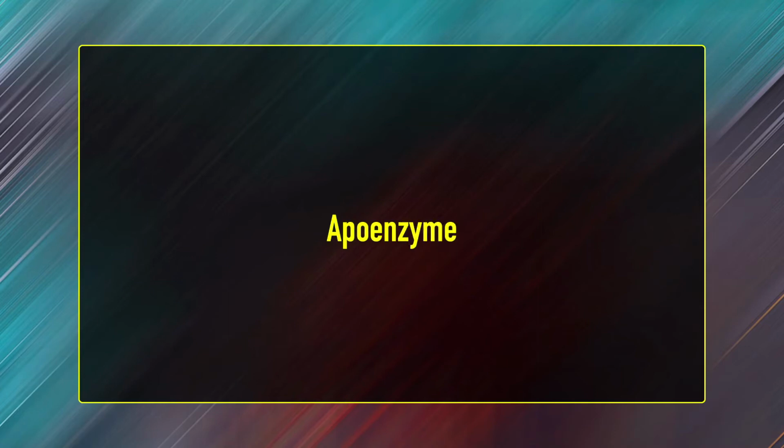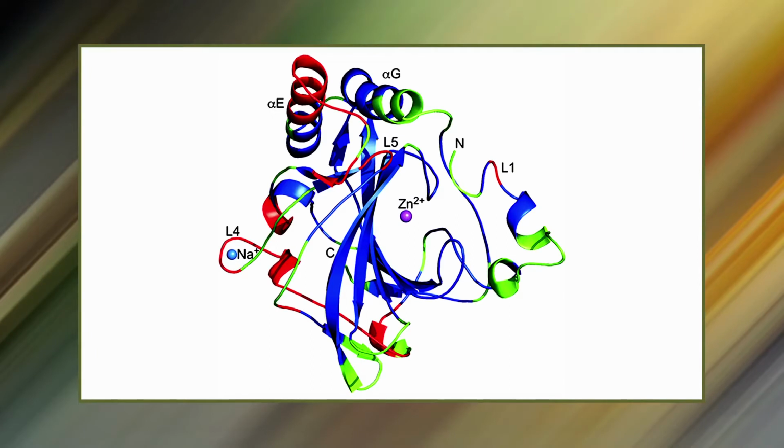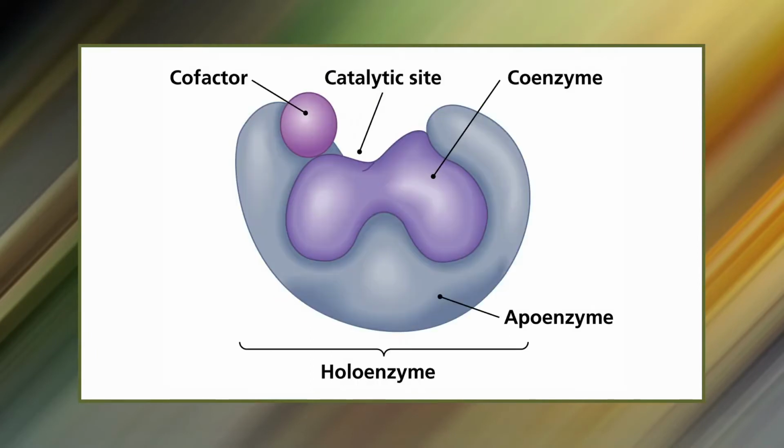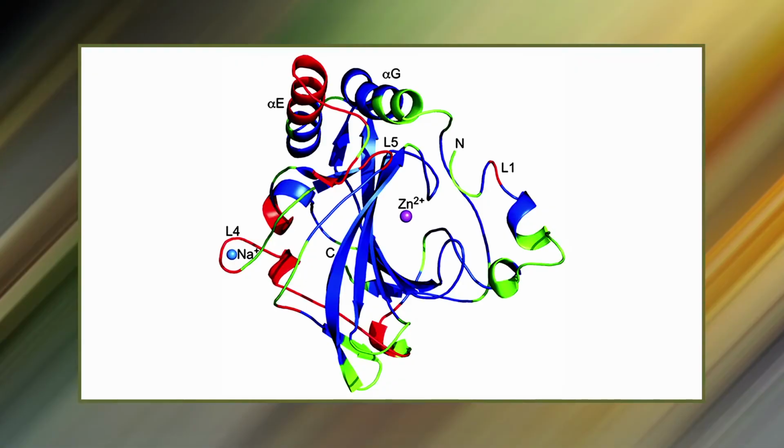Now, coming on to the next objective, that's apoenzyme. The enzyme before binding with the cofactor is known as apoenzyme, or we can define apoenzyme as the protein part of the enzyme which lacks the cofactor. Apoenzyme is catalytically inactive and incomplete. It forms an active enzyme system upon combining with the coenzyme and determines the specificity of the system for the substrate.